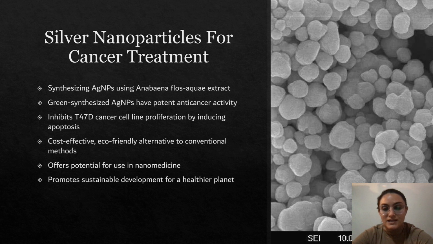The green synthesized silver nanoparticles showed potent anti-cancer activity against T47D cells by inducing apoptosis. These findings have significant implications for advancing the field of nanotechnology and cancer therapy while promoting sustainable development.